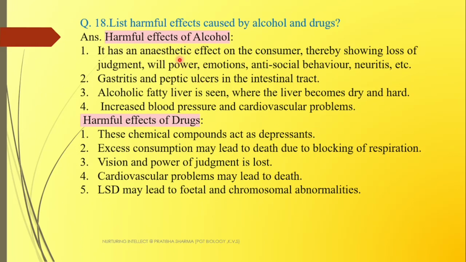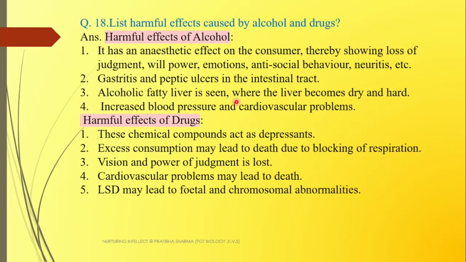Alcohol is a depressant and it acts on the cerebrum and cerebellum. Cerebellum is the site of memory, thinking, learning, and judgment. So, alcohol causes the loss of judgment, willpower, emotion, antisocial behavior, etc. Then alcohol also acts on the gastrointestinal tract, causing gastritis and peptic ulcers in the intestinal tract.